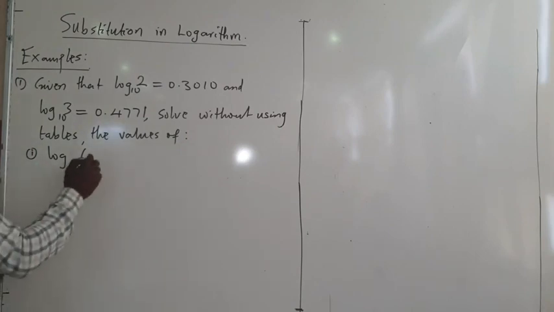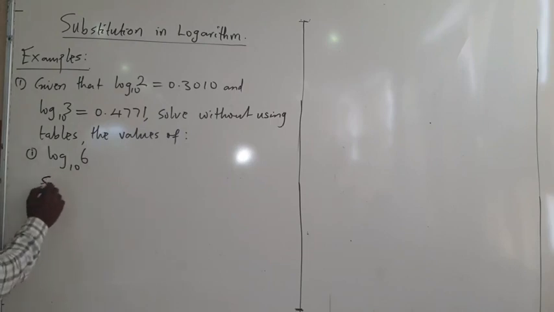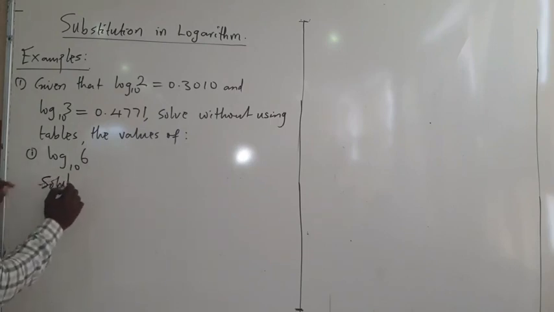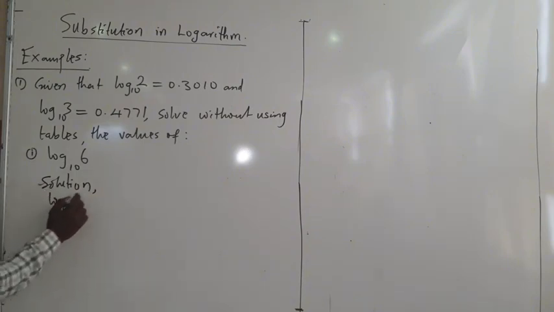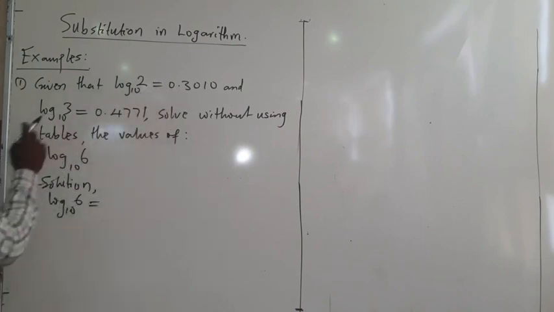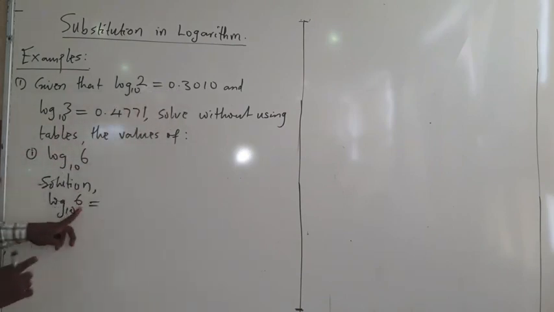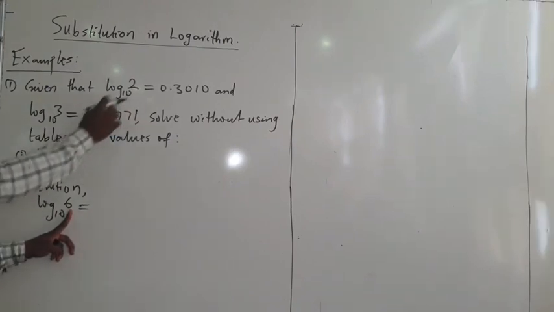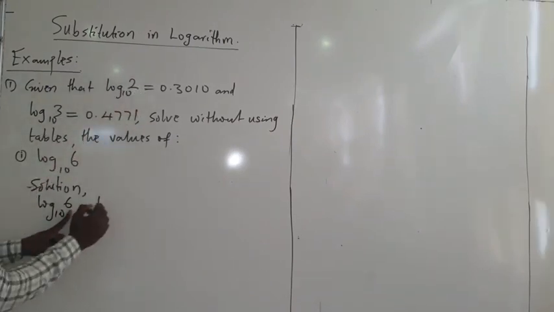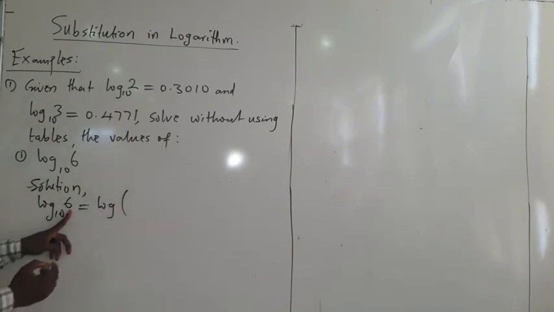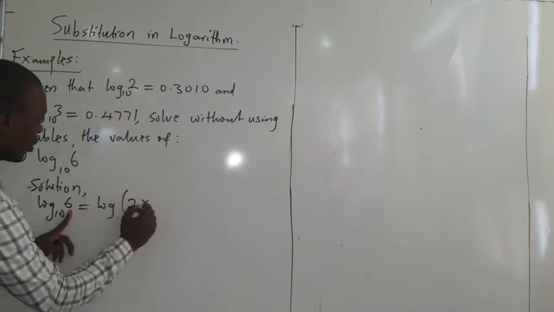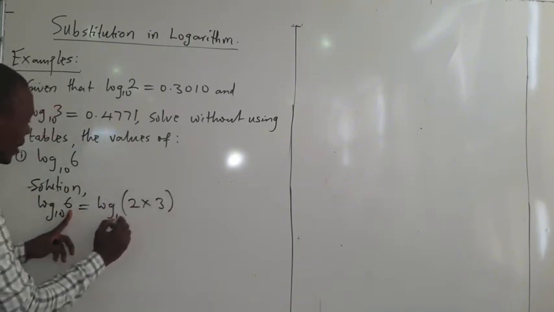So the solution. The question is log 6 base 10. We are given log 2 base 10 and log 3 base 10. So the first thing to do is to express 6 as a product of 2 and 3. Log 6 is the same thing as log of 2 multiplied by 3, base 10.